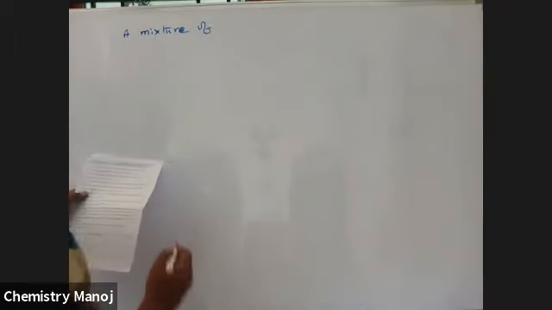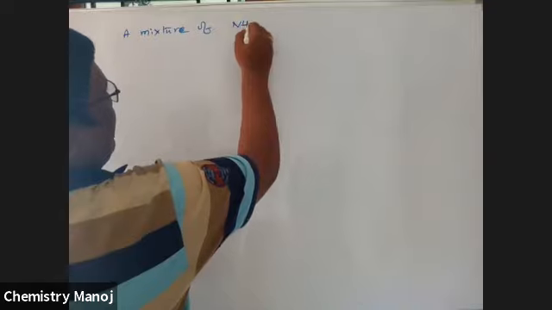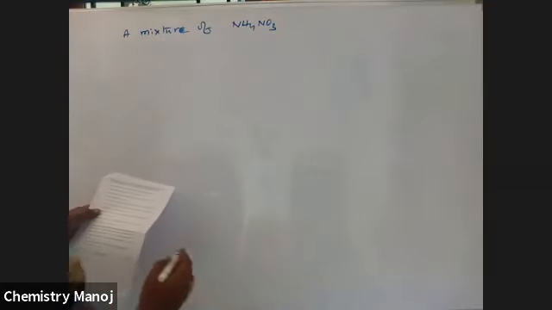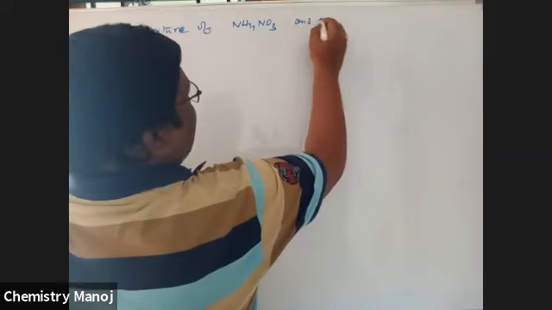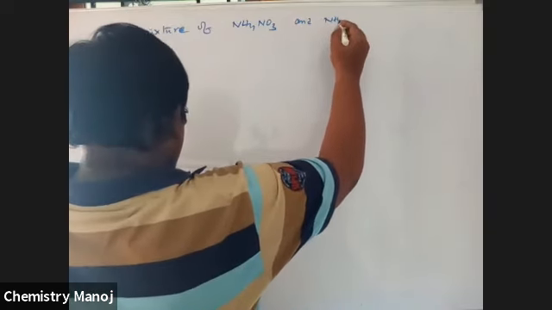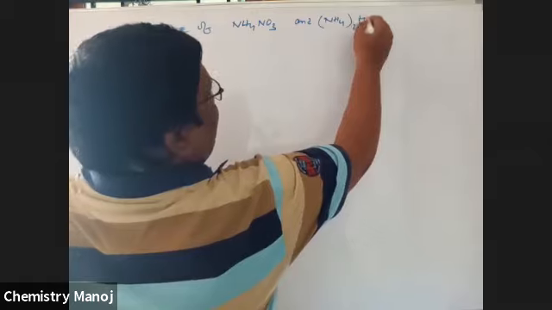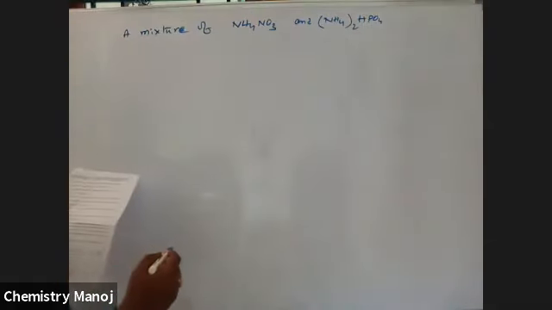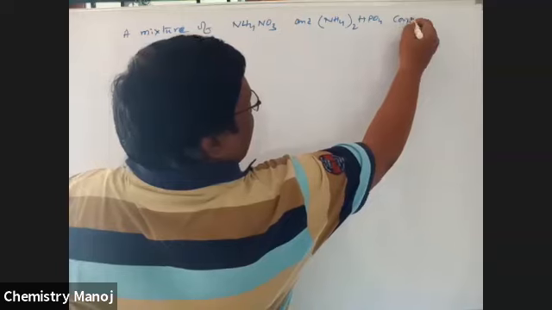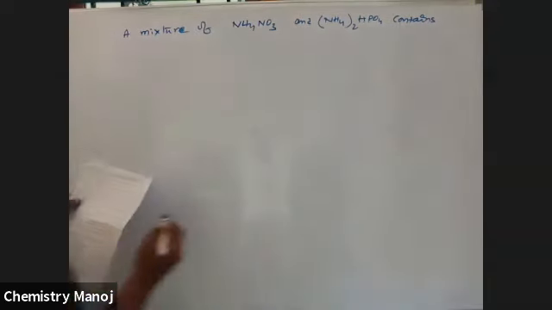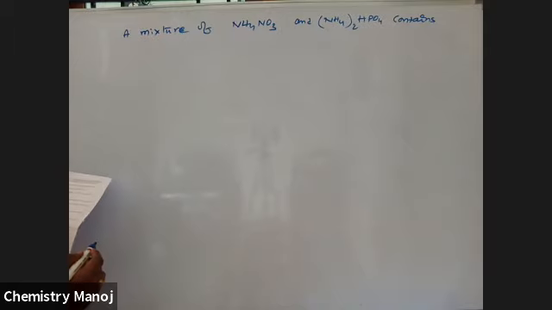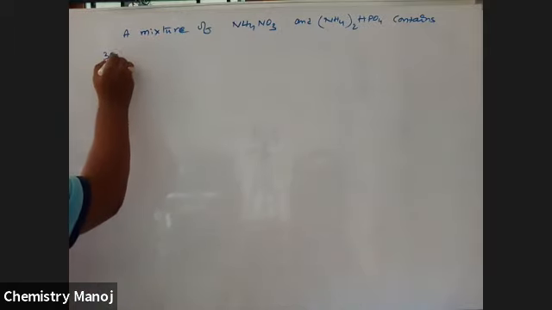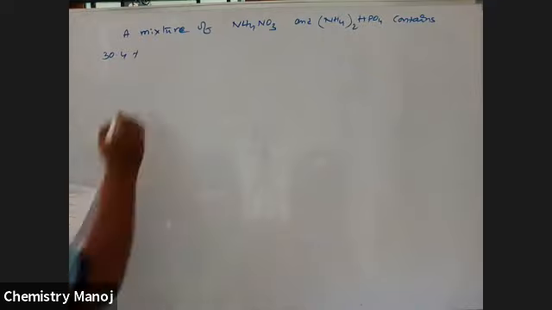A mixture of ammonium nitrate and ammonium hydrogen phosphate contains 30.4% of nitrogen.